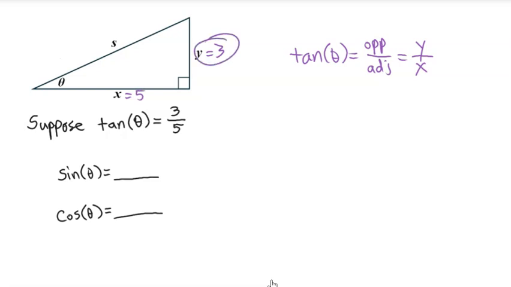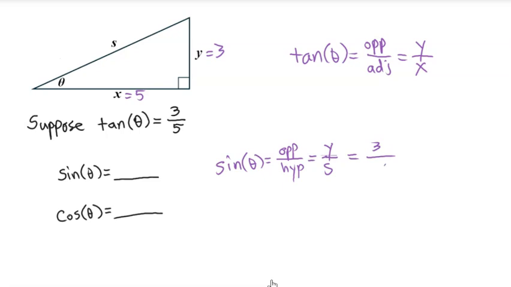If y is 3 and x is 5, we can then find s, and we're going to need s because sine of theta is opposite over hypotenuse, which is y over s. We already know y is 3, but we need to know s, so sine is 3 over some number.